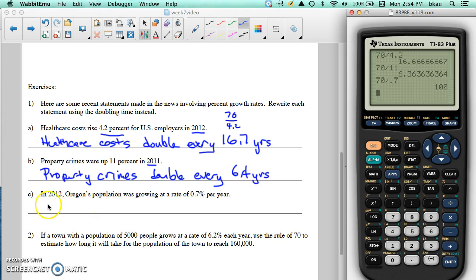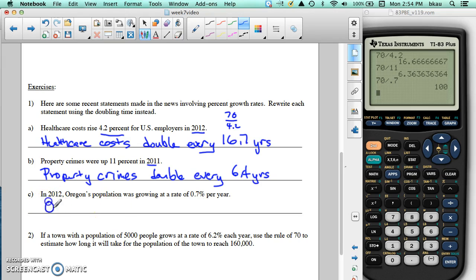So starting in 2012, Oregon's population doubles every 100 years.